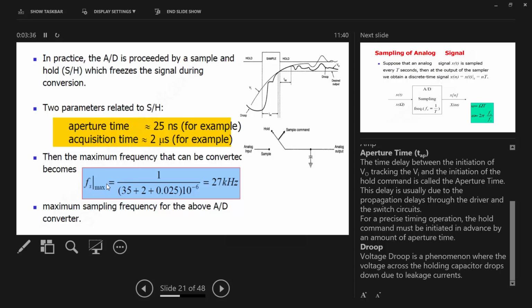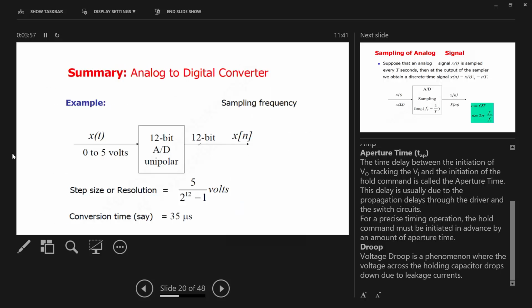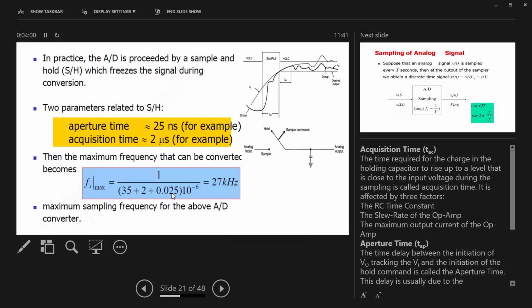So the maximum sampling frequency that can be used for the conversion is given by 1 over (35 is the conversion time, plus 2 plus 0.025 microseconds). So this example that I have taken will have a maximum sampling frequency of 27 kilohertz. Maximum sampling frequency for the above A to D converter can be 27 kilohertz.